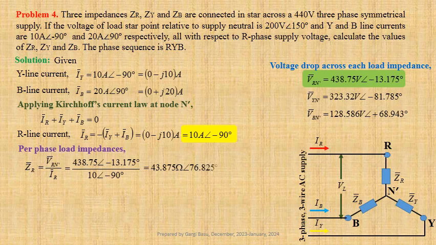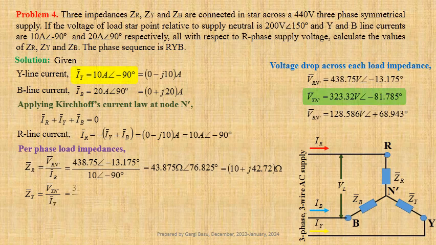43.875 ohm at an angle 76.825 degree. This may be written in Cartesian form as 10 plus J times 42.72 ohm. Zy equals Vyn dash divided by Iy. Using values, we get 323.32 at an angle minus 81.785 degree divided by 10 at an angle minus 90 degree.